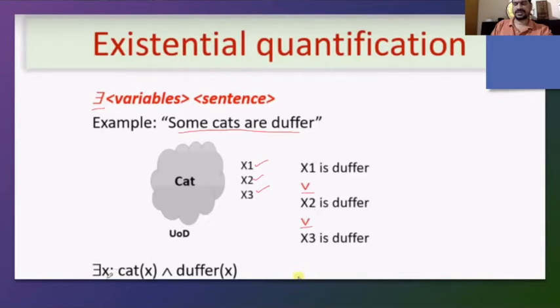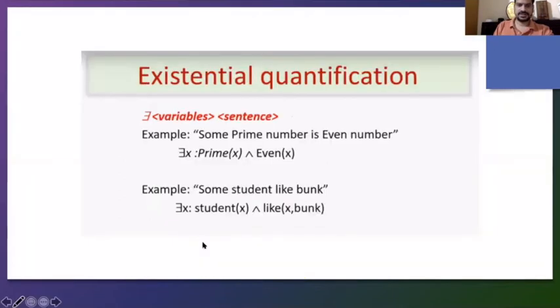How can you represent it? For some x, x is a cat and x is a duffer. Getting it? This is how we can write it down. Now let's see some more examples.